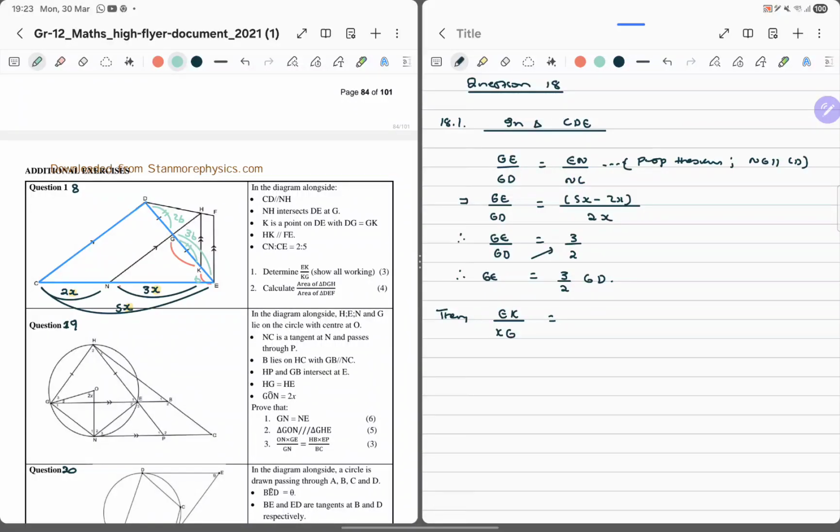We're going to go directly. Now EK is GE minus GK, isn't it? EK is GE minus KG, all divided by KG.